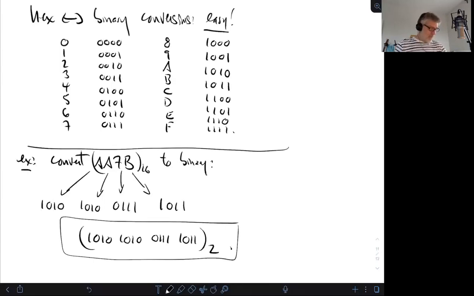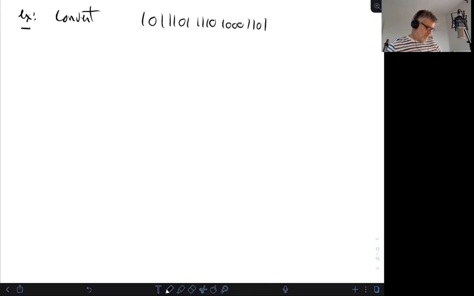And if you want to go from binary to hex, you chop it up into pieces of length 4, starting on the right. This is important. Okay, so let me do one here. Convert this binary number to hex.